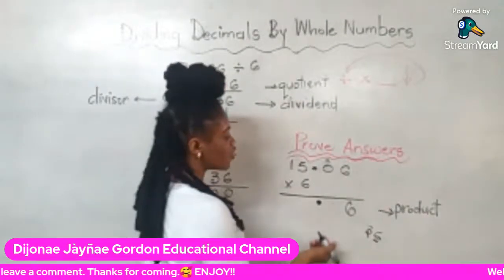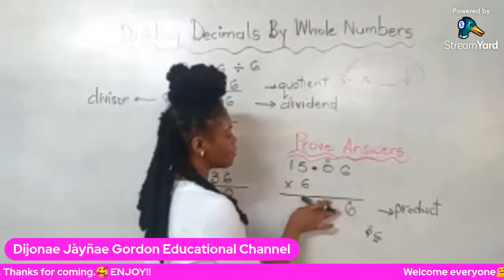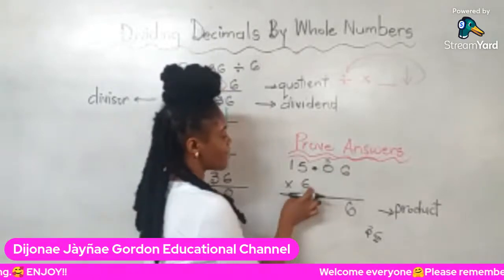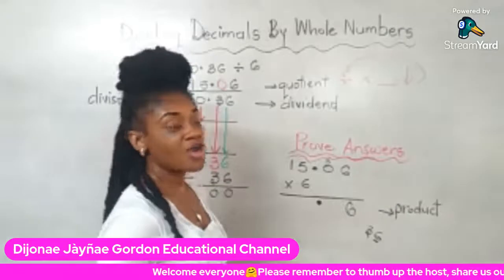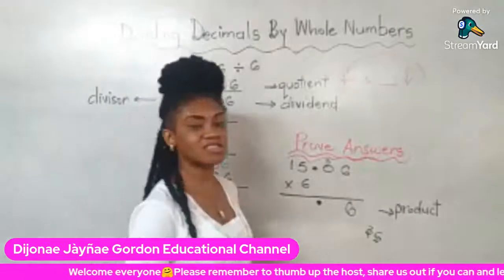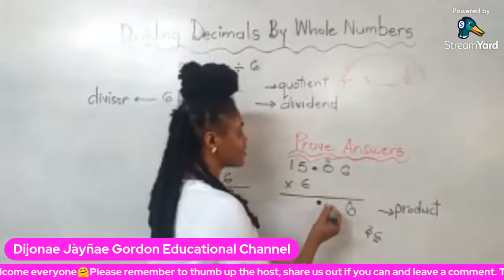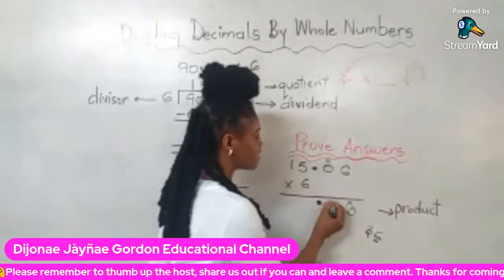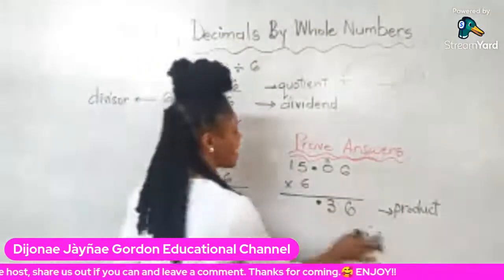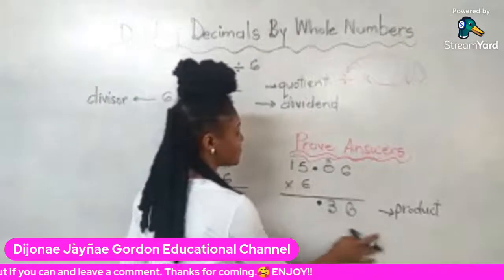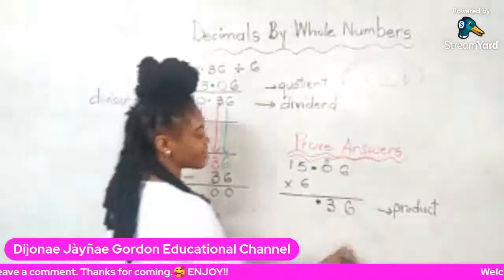And of course, I am now going to multiply 0 by 6. Any number you multiply by 0, you are going to get 0. So 0 plus 3, of course, you are going to get 3. And of course, 6 multiplied by 5, or 5 multiplied by 6, you're going to get 30.